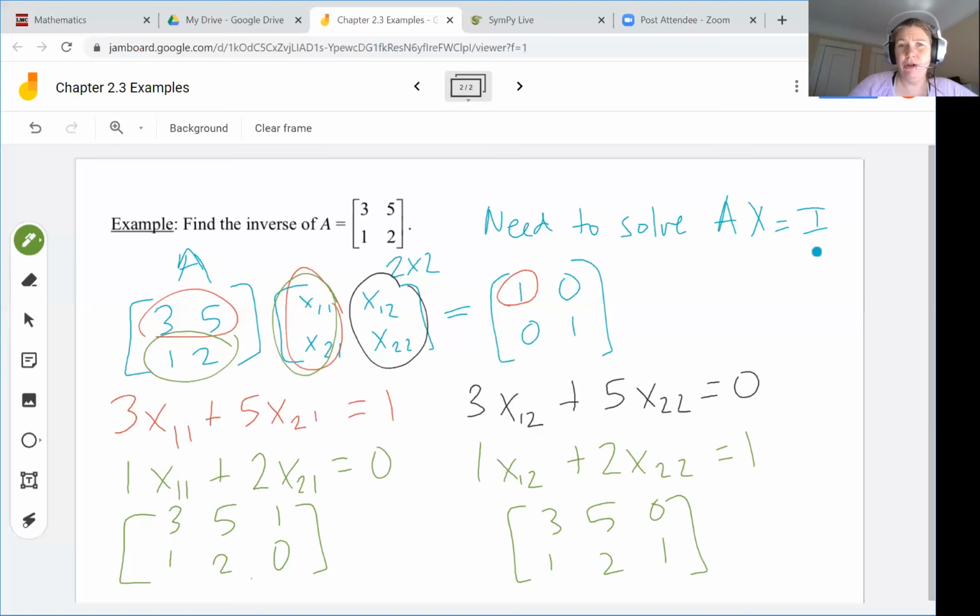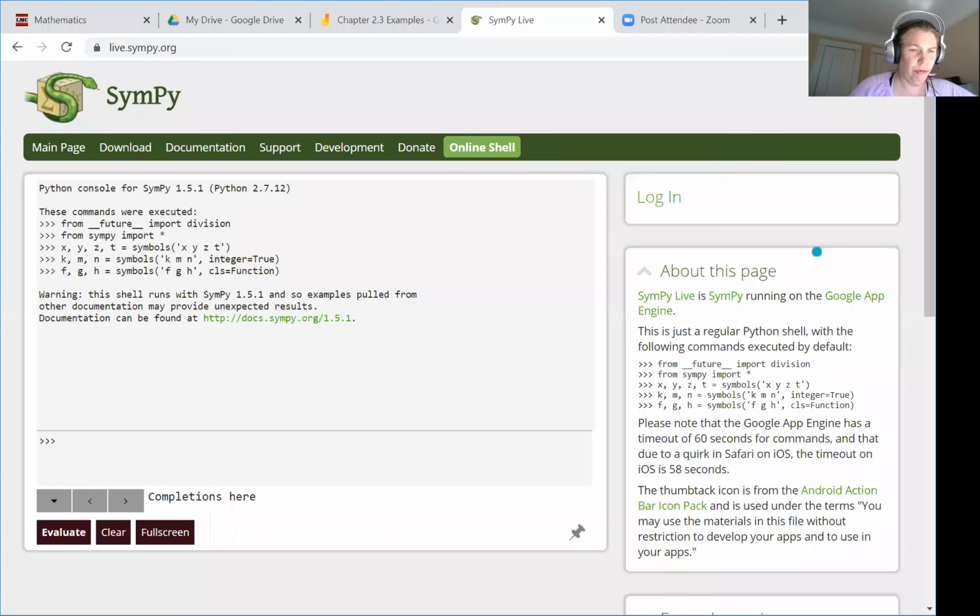All right, we're going to go into Sympy and take the reduced row echelon form of both of those matrices. Let's see, I'll call them E and F. Verify matrix E here is matched to our first matrix.